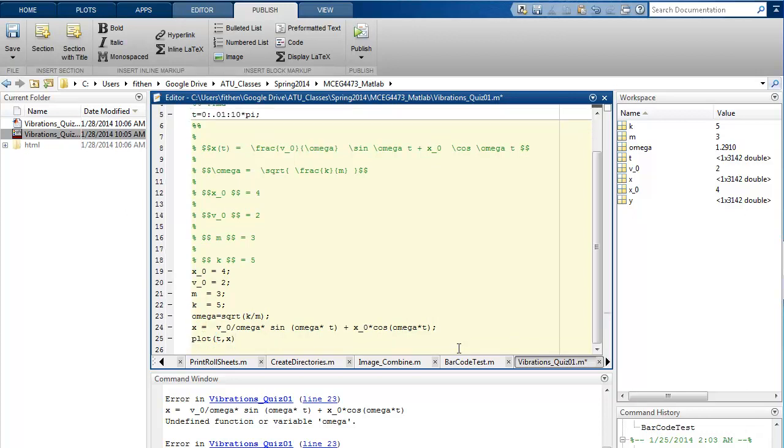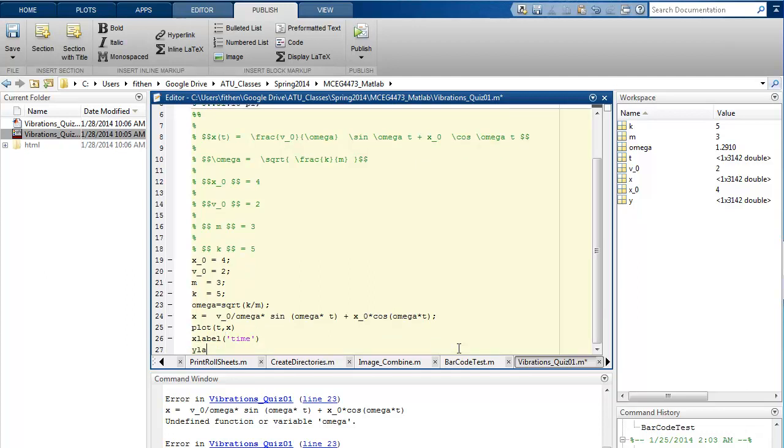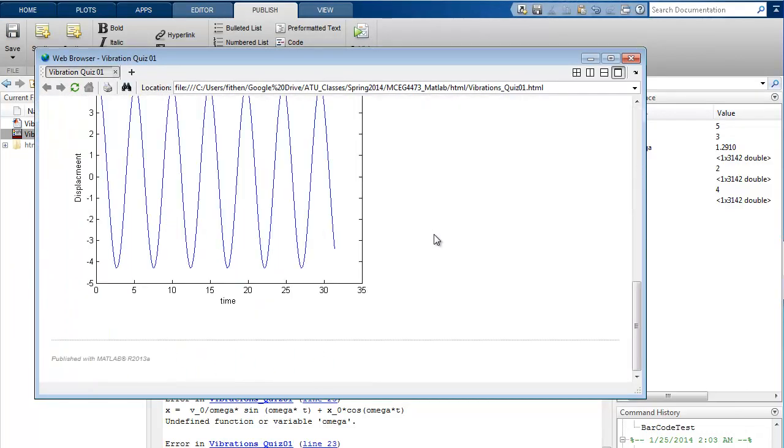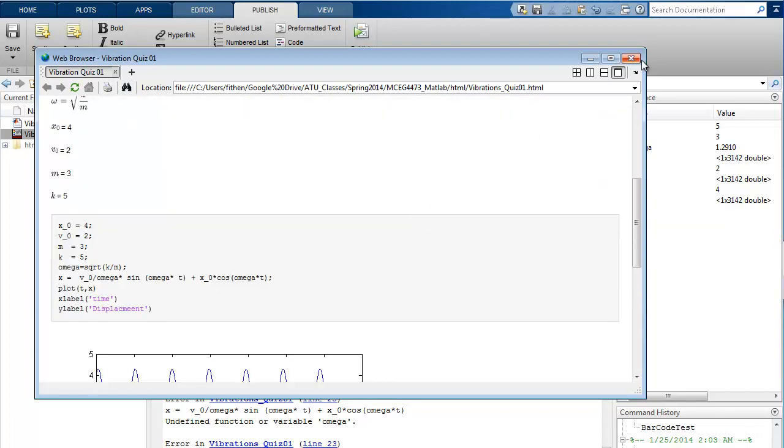And I'm going to do an x label, time, and a y label, displacement. And hit publish there, and I end up with the time versus the displacement. And I end up with a couple of extra e's in there.